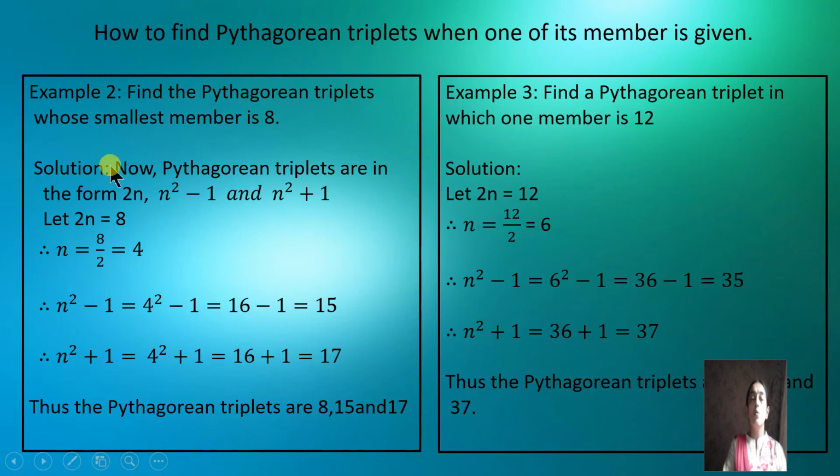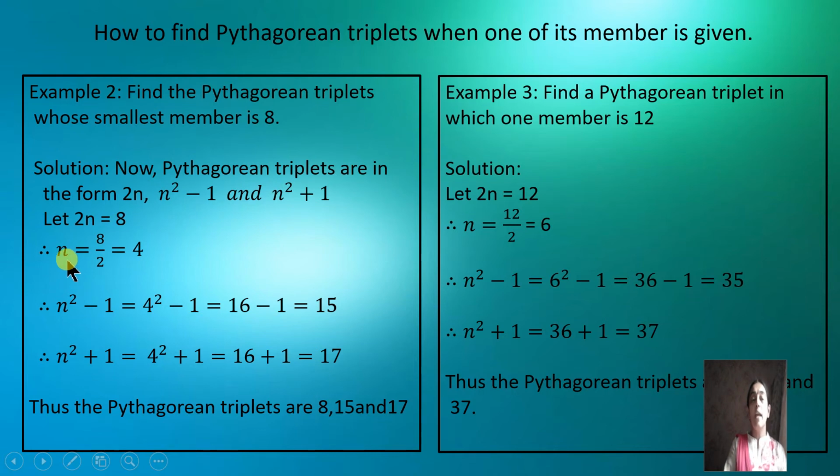Pythagorean triplets are in the form 2n, n square minus 1 and n square plus 1. We know that. So, we will assume let 2n be equal to 8, because you are given that the smallest member is 8.